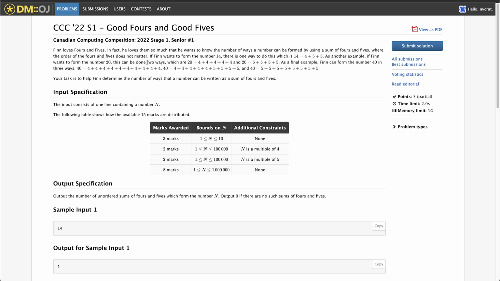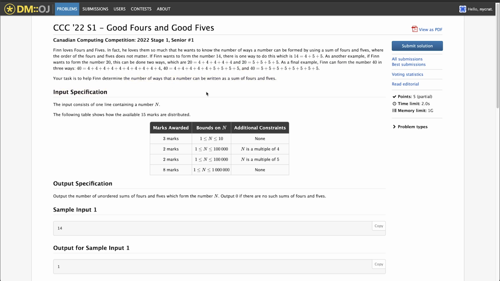If you want to form 20, there are 2 ways: 4 plus 4 plus 4 plus 4 plus 4, and you can also do 5 plus 5 plus 5 plus 5. And in the final example, to form the number 40, you can do it 3 different ways: all 4s, all 5s, or you can have 5 4s and then 4 5s.